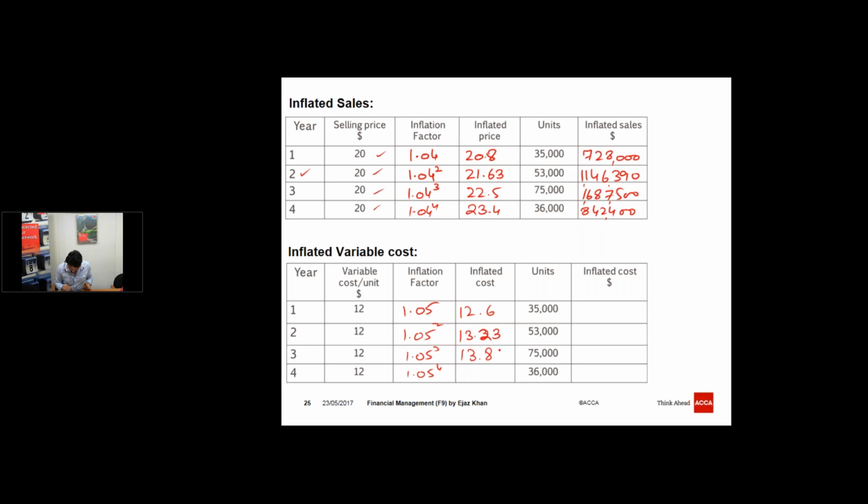Okay, thank you. For year four, $14.58. Everyone else should follow the calculation. You should be doing it yourself so that you know how these values have been calculated. Okay, now multiply these inflated costs with their respective sales volume to get the cost of sale.